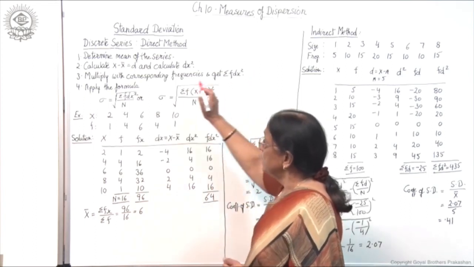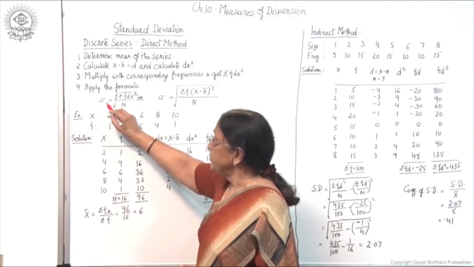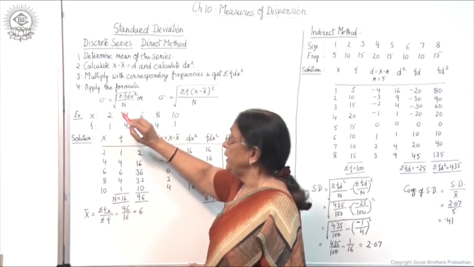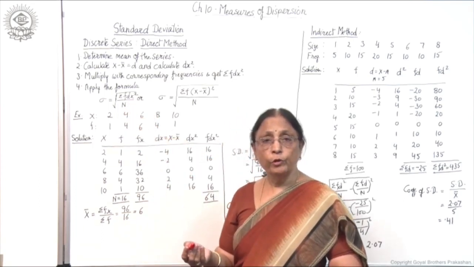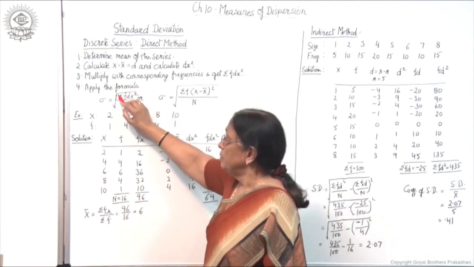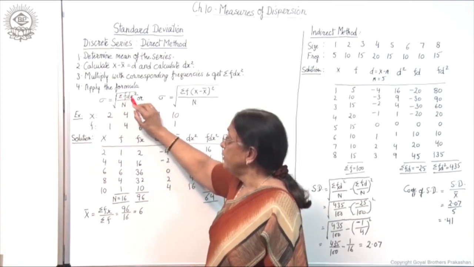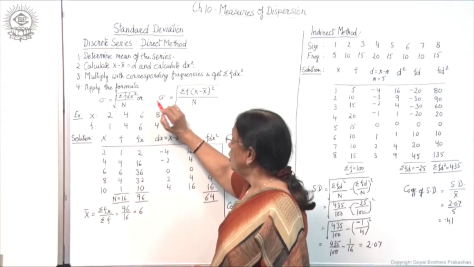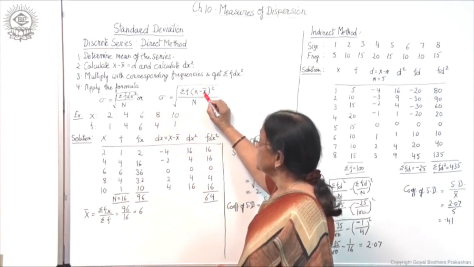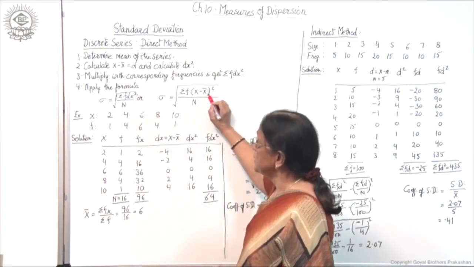After getting this, apply the formula. This is the sign for standard deviation. Standard deviation is equal to sigma f dx square upon n. N is the total number of frequency or sigma f. So this formula under root, because you are taking out the standard deviation, you have to find out the under root of sigma f dx square upon n, or standard deviation is equal to under root of sigma f in bracket x minus x bar, because you know dx is x minus x bar.